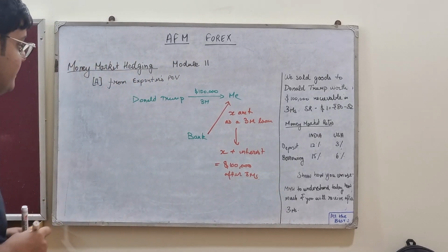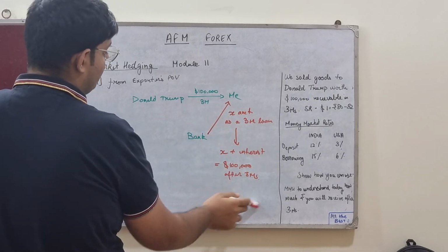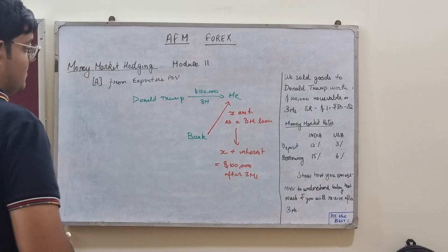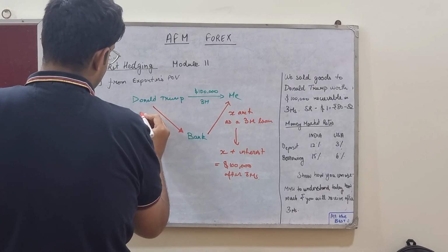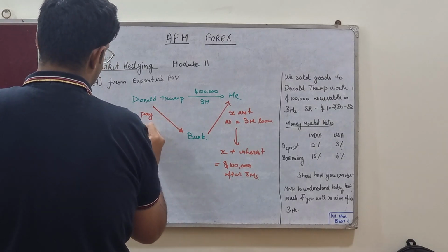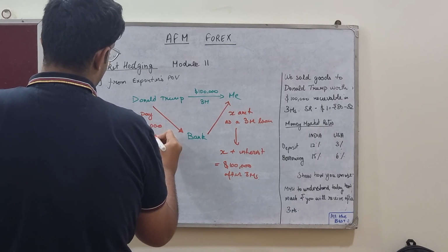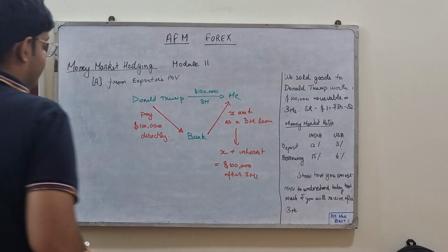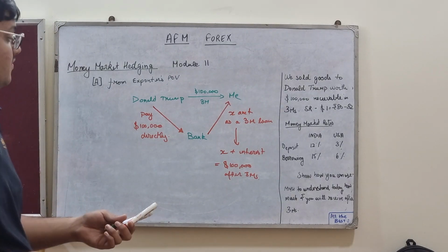So I'll be receiving $100,000 after 3 months, and I have to pay the bank $100,000 after 3 months. I'll ask Donald Trump to directly pay the bank, and therefore I won't be receiving any dollars on the due date.